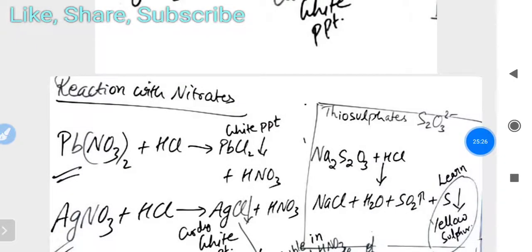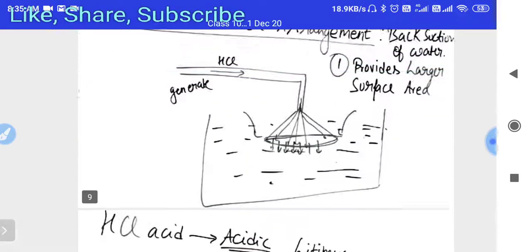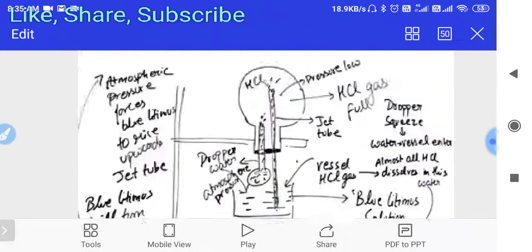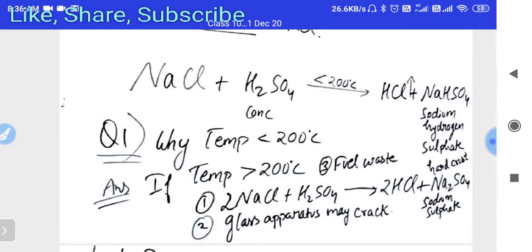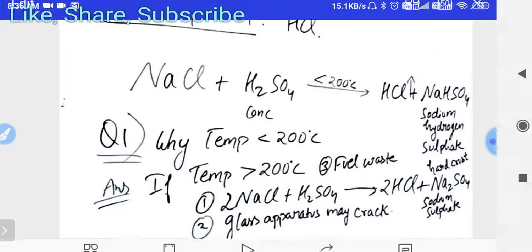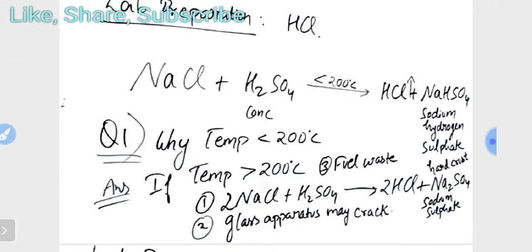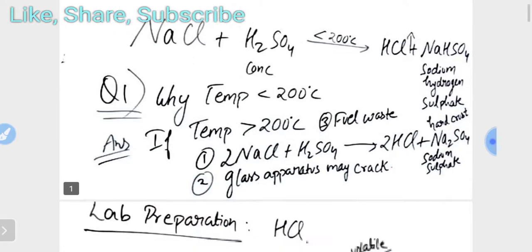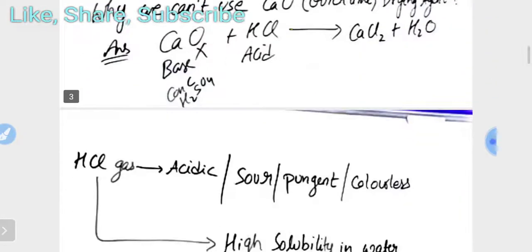So you do not have to worry about how questions will be formed. Only this type of questions, and from these I am just taking examples of how questions are formed from whatever you have already read. You just read that the temperature will be less than 200 degrees centigrade, but when you go deeper, you have to understand why the temperature is kept below 200 degrees centigrade. This is the first question, and other questions also we discussed today.